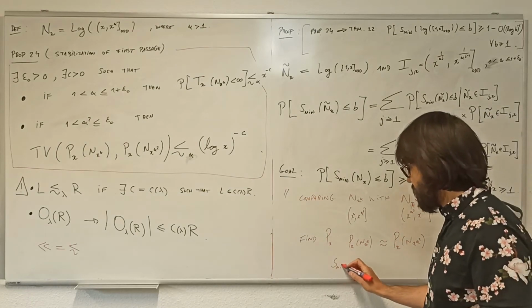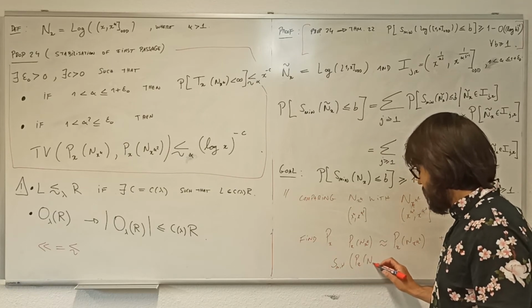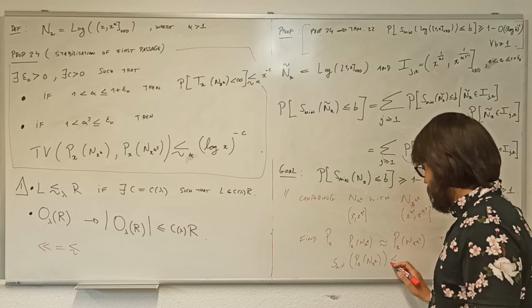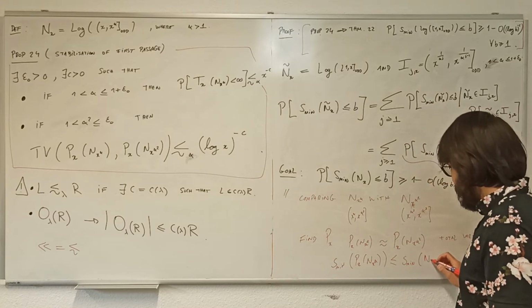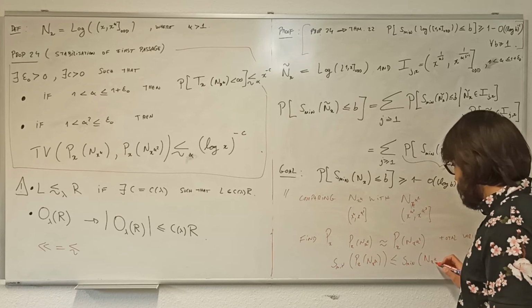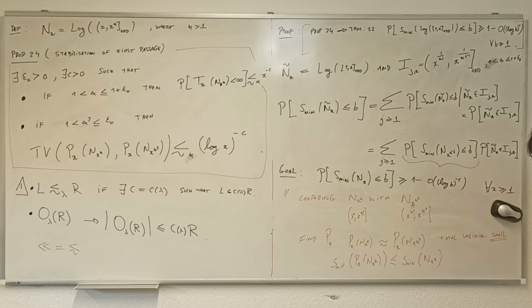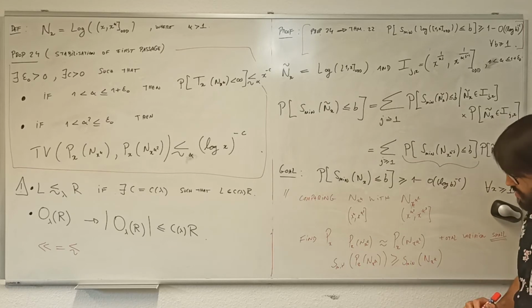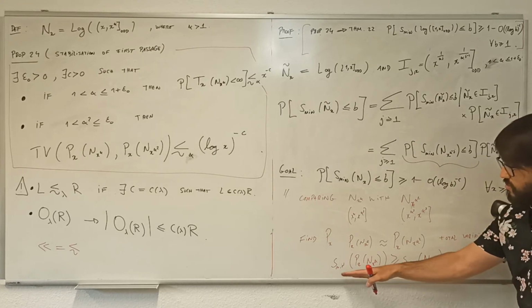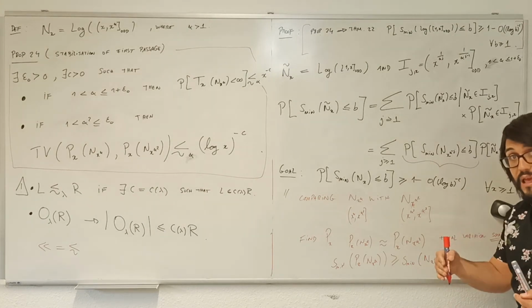So the S min of px and x to the alpha is greater or equal than the S min of nx, well, because both sides are taking the minimum of the very same orbit.